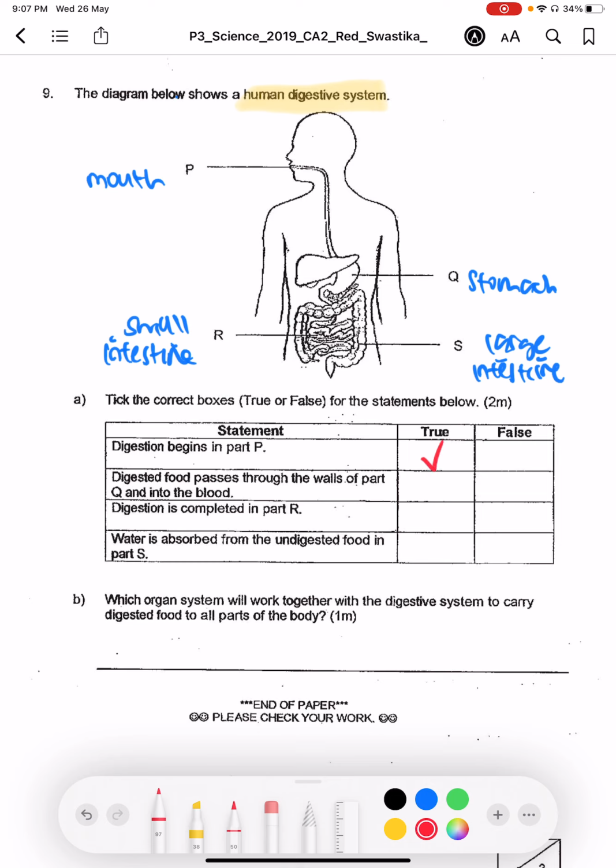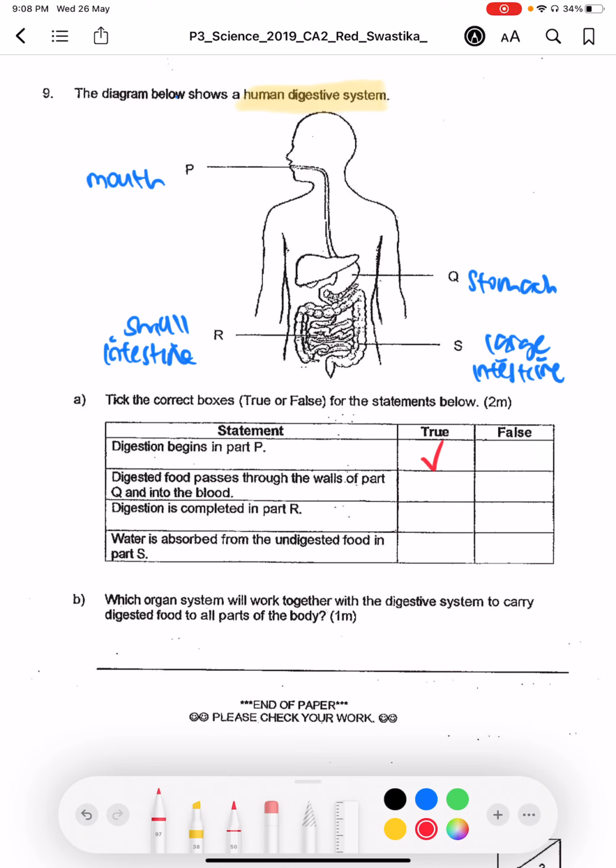Digested food passes through the walls of part Q and into the blood. Part Q is the stomach. So what is the function of the stomach? The stomach actually helps to digest food further into smaller substances. However, the walls and the lining of the stomach do not allow the digested food to pass through.